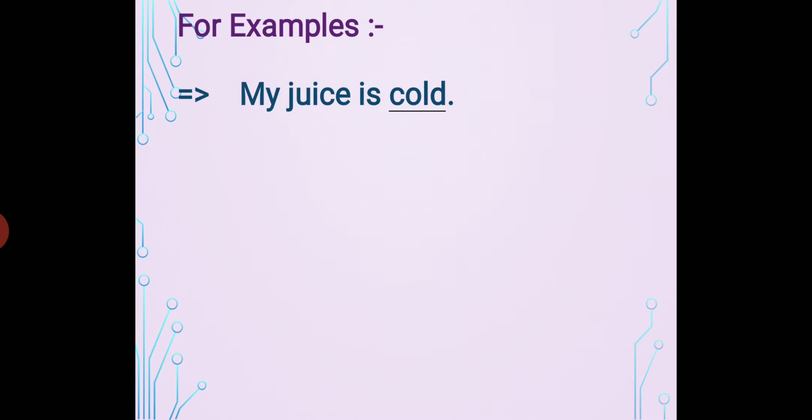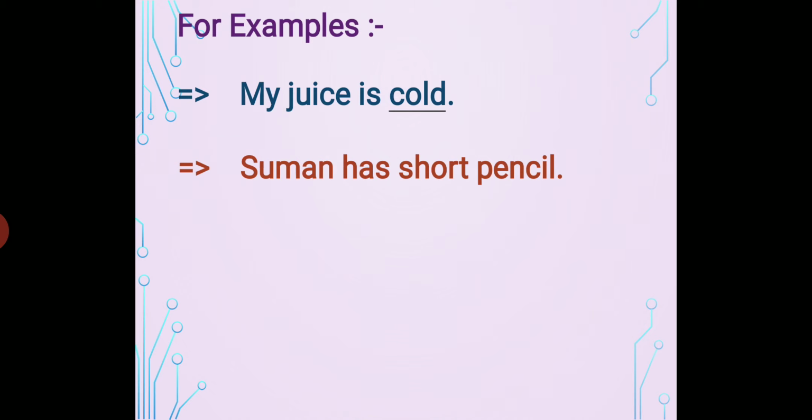So, cold is an adjective. The second one is, Suman has a short pencil. Just remember one thing, if we want to identify the adjective from the sentence, we have to ask the question with how. Then you will get an answer with an adjective.